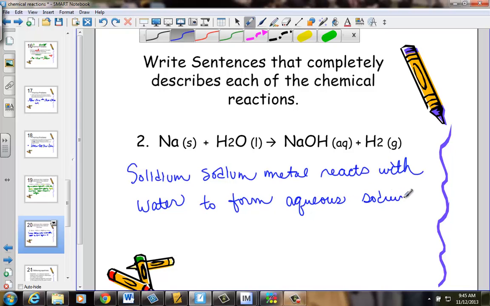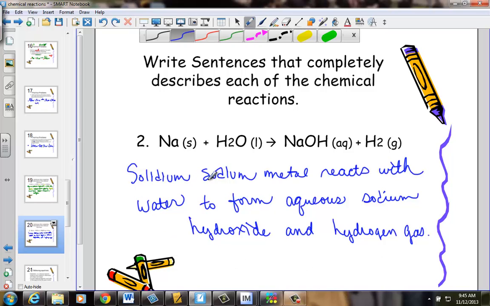NaOH is a compound called sodium hydroxide. Now for the plus, I can write and. Gaseous hydrogen or hydrogen gas, it wouldn't matter either direction. I'll put hydrogen gas.